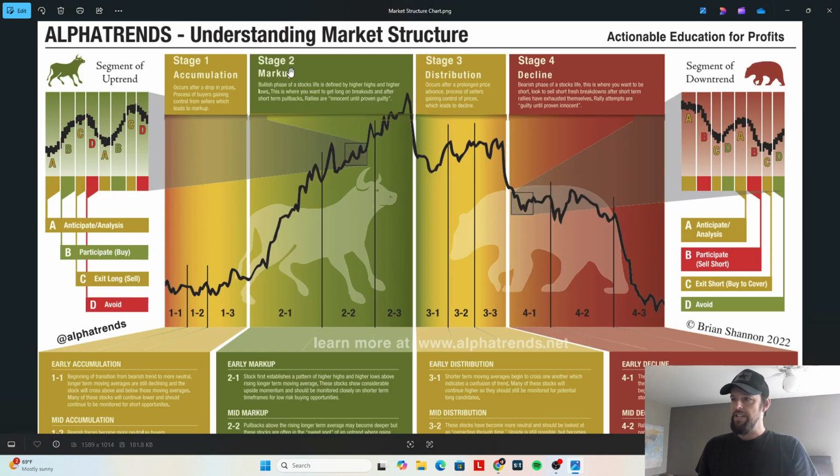So yeah, stage 2, just like it says here, we've got the markup. Okay, the bullish phase of a stock. A stock's life is defined by higher highs and higher lows. This is where you want to get long on breakouts and after short-term pullbacks. Rallies are innocent until proven guilty. So this is where buy low, sell high comes into effect. But we've got to see some manipulation first.